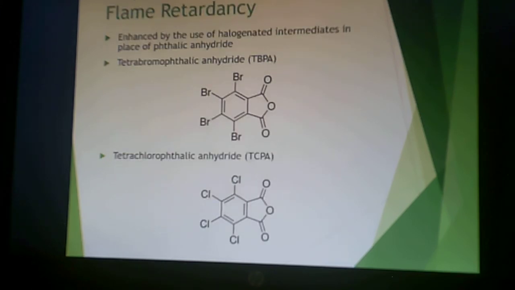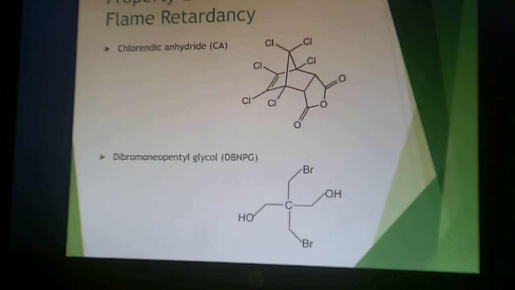To enhance flame retardancy, you put in some halogens. That's kind of the go-to thing. They're trying to get away from that because halogens have some negative effects, but something with bromine or chlorine is usually the way to go. So tetrabromophthalic acid for your diacid, or tetrachlorophthalic acid can be used for your diacid in place of phthalic anhydride.